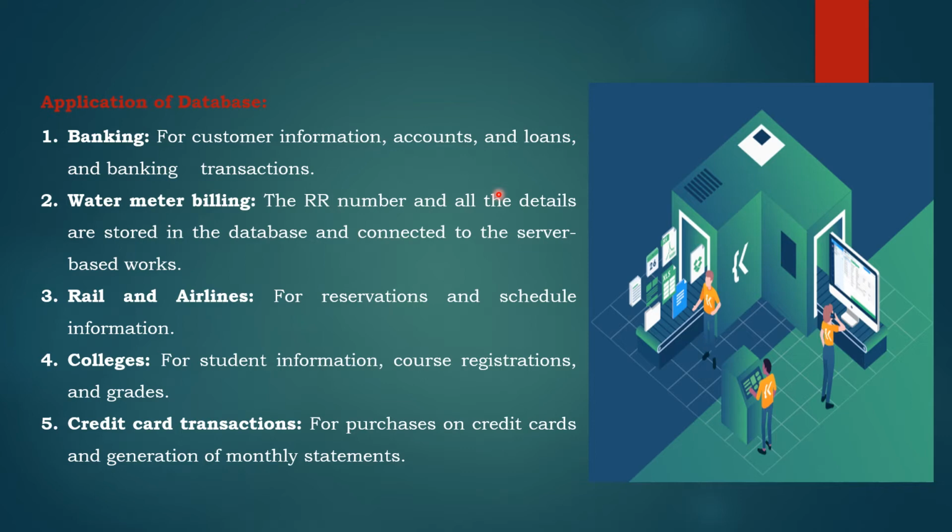Then railways and airways, reservations and scheduling information. Suppose you want to reserve a ticket for any transportation, not only railways and airways, any transportation, it's not restricted. You need to reserve only 1, 2, or 3 days, or even 3 months before you can reserve.